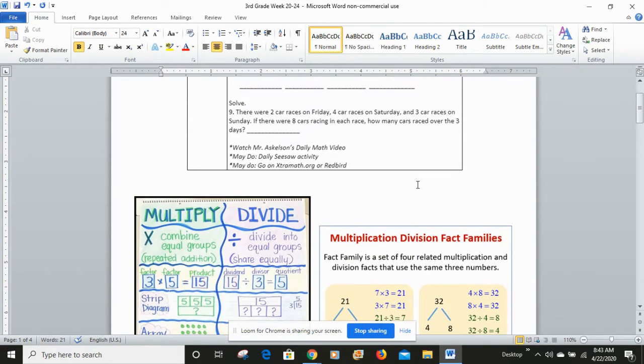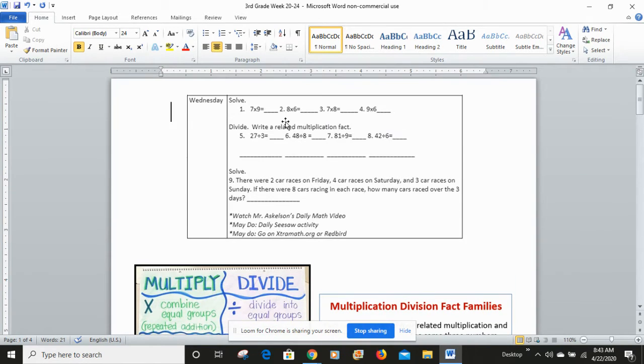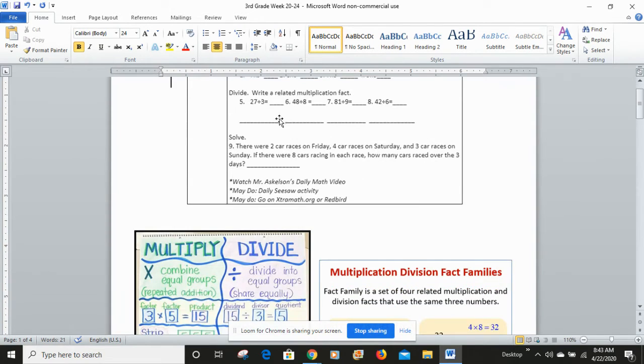And then when you want to write a related multiplication fact for these division problems, you can think of this in one way. If you're not sure which numbers to put first, in multiplication, you have the 2 factors equals the product. Down here, you're missing the dividend right here, but you do have the total.